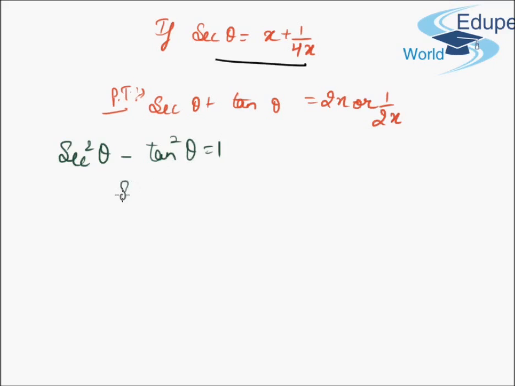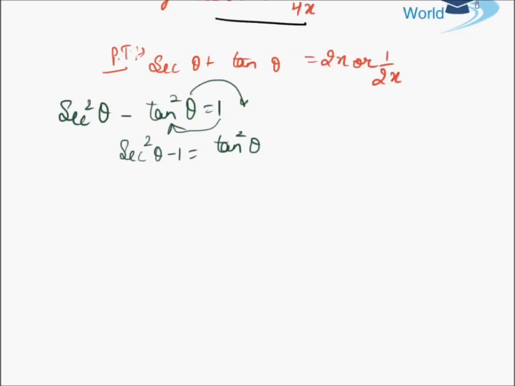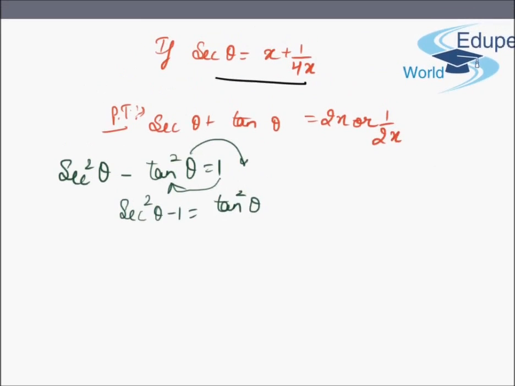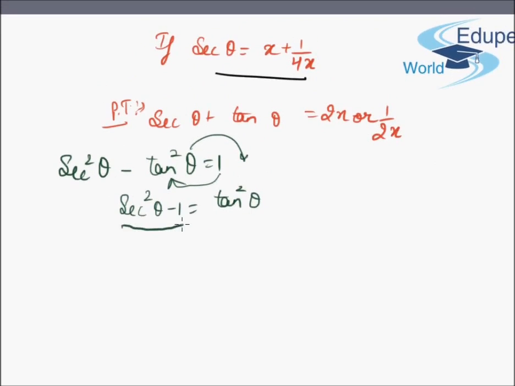So secant square theta minus 1 is tangent square theta, bringing this tangent to right hand side and 1 to left hand side. So we need to find out secant square theta minus 1 so that we can calculate tangent square theta.